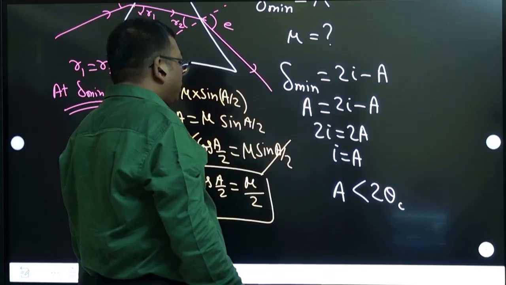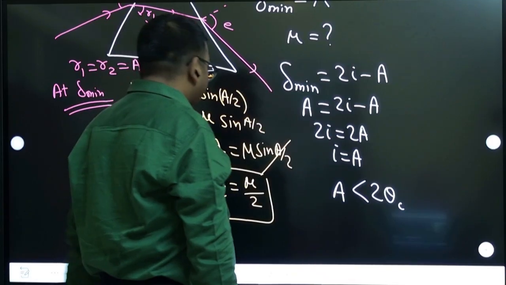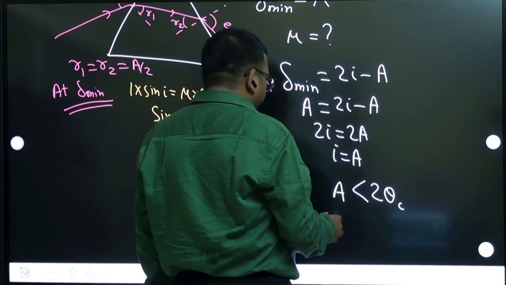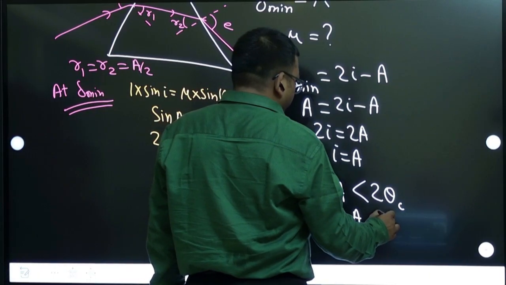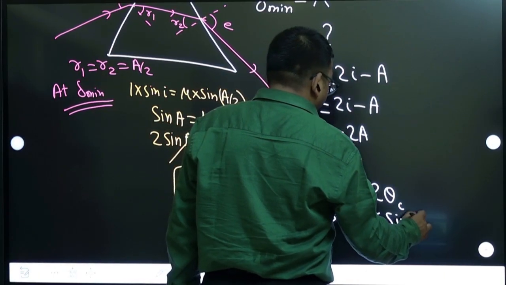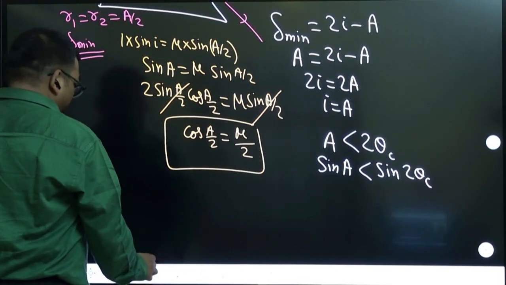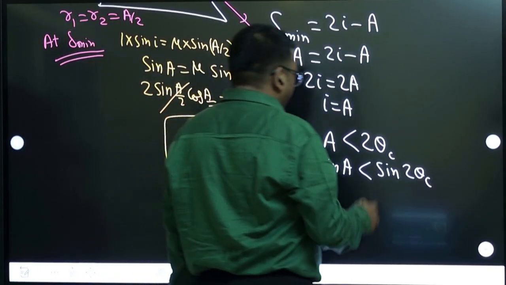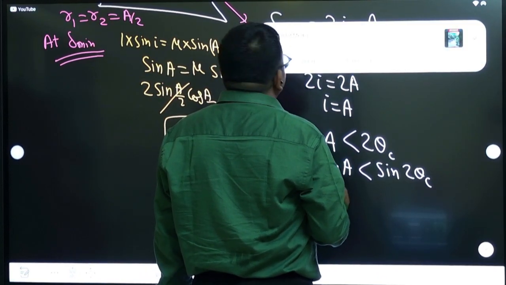So if I use this idea, that means sine of A is going to be less than sine of 2 times the critical angle.